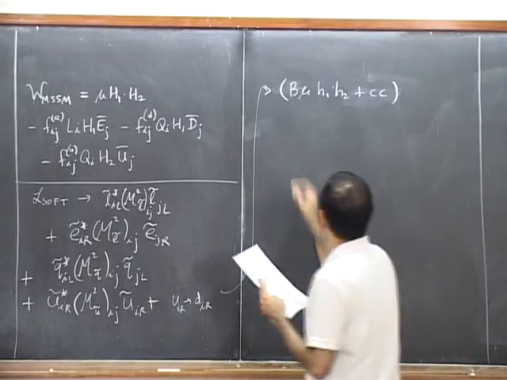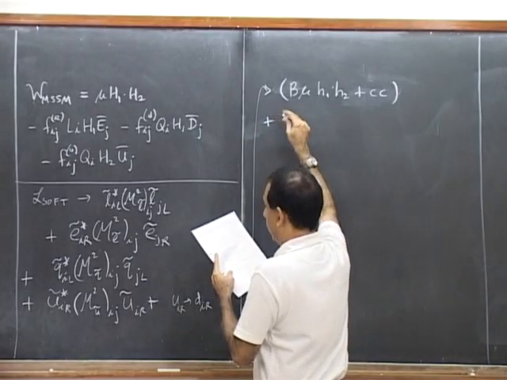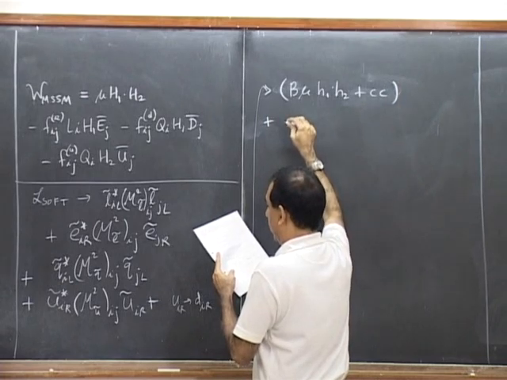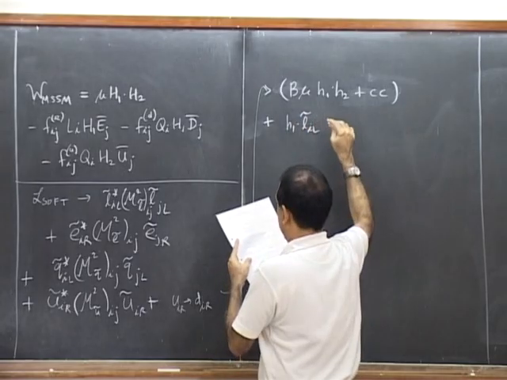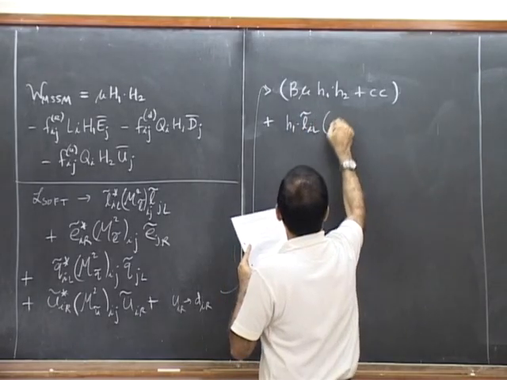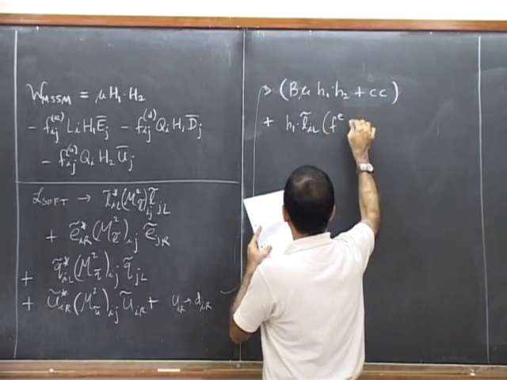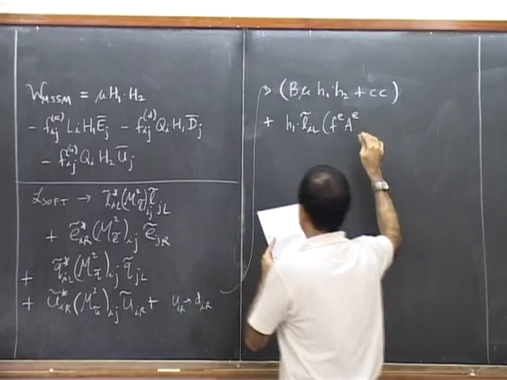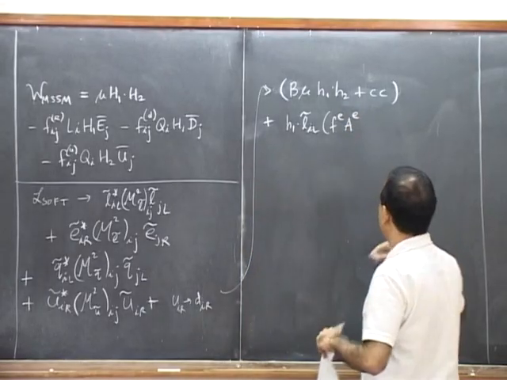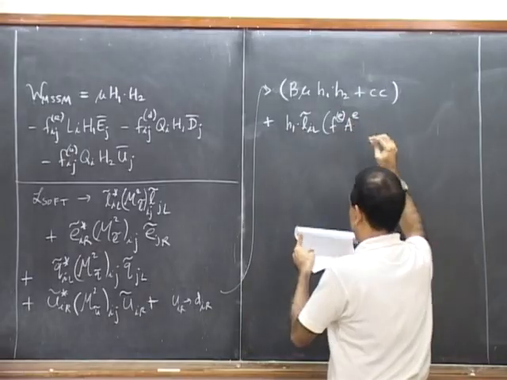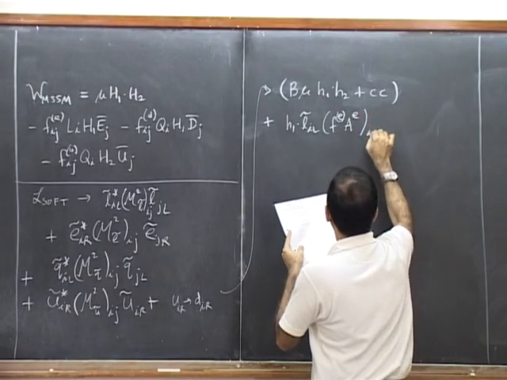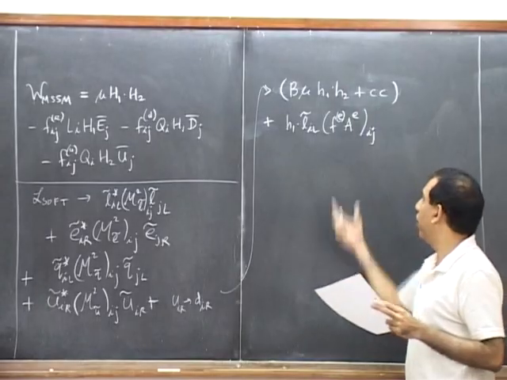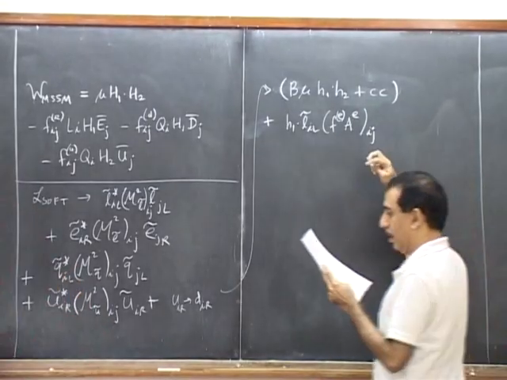Okay, and then there are cubic terms which are very important, and they take this form. H1 dot L tilde IL, and then these FE, which are the generation mixing matrices occurring there, but now we correct them by multiplying by an arbitrary matrix AE. So this is just our way of parameterizing this arbitrary matrix.